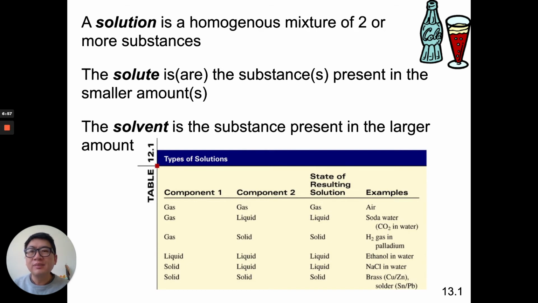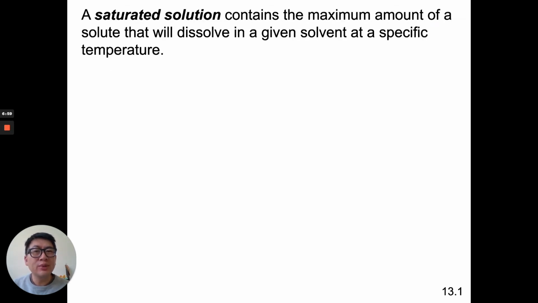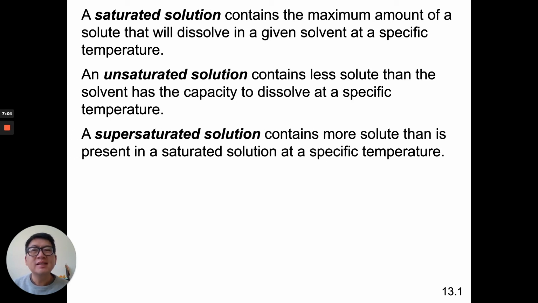Okay, going on. Now, when we get solutions, they come in three main types: saturated, unsaturated, and supersaturated. Maybe I'll start with the first one, saturated. It contains a maximum amount of solute that will dissolve in a given solvent at a specific temperature. Let's say I have a cup of water, and I put a teaspoon of salt in it.